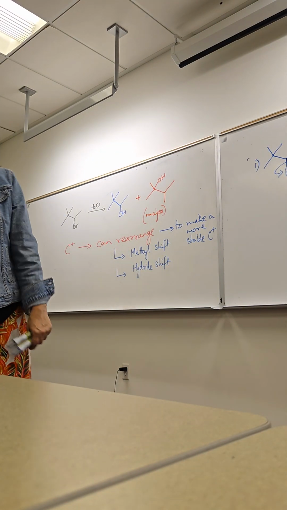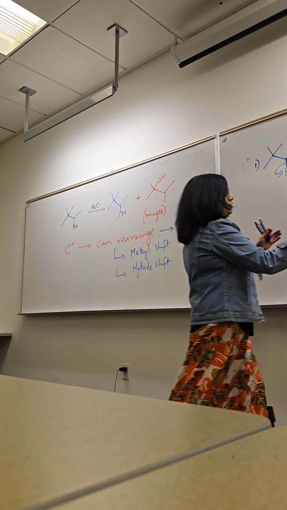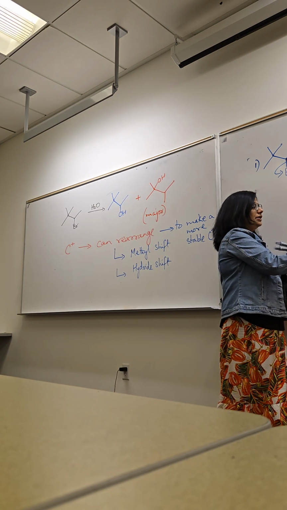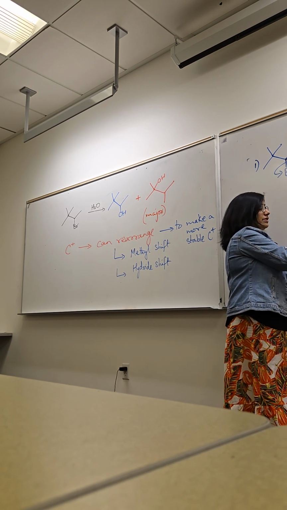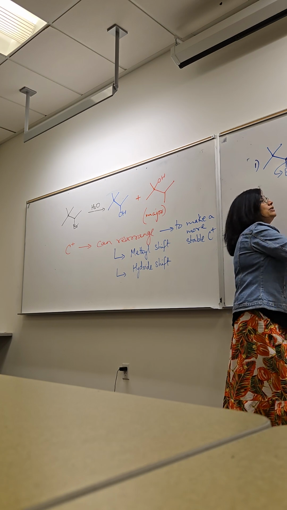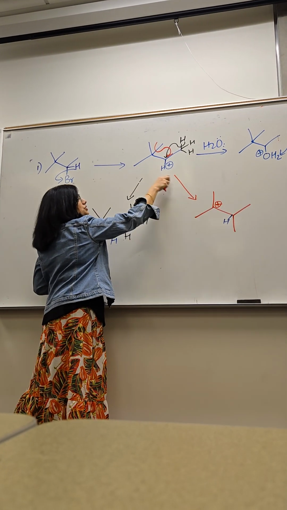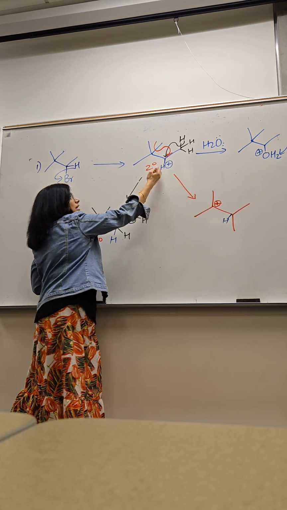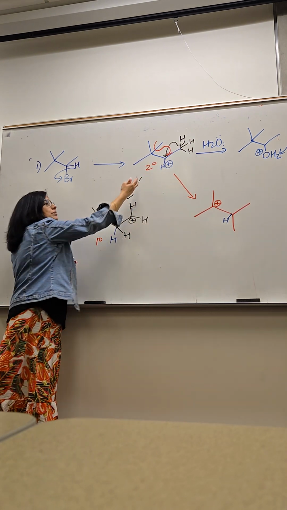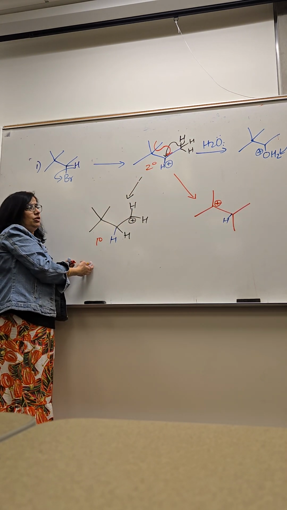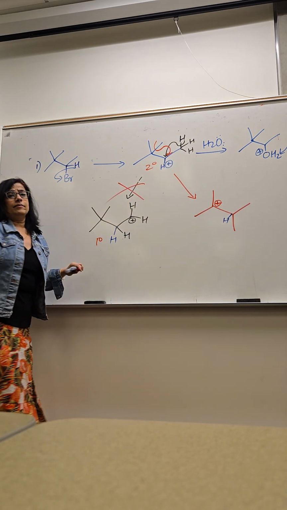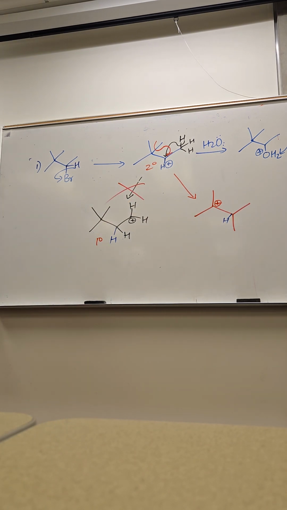Now I want to ask you, what kind of carbocation is this? Primary, secondary, tertiary? Primary. By the way, what kind of carbocation was the original one? Secondary. Okay, so it became from secondary to primary. Is that becoming more stable or less stable? Less stable. Doesn't happen. It's all going towards higher stability.